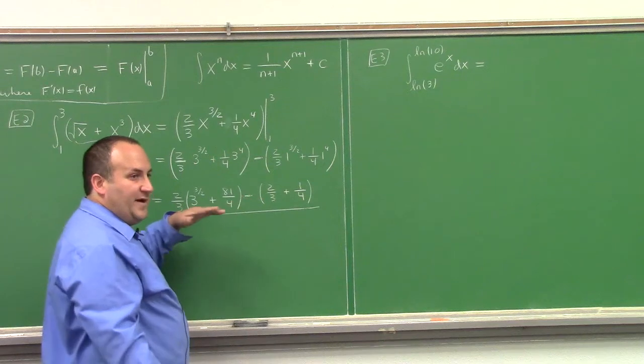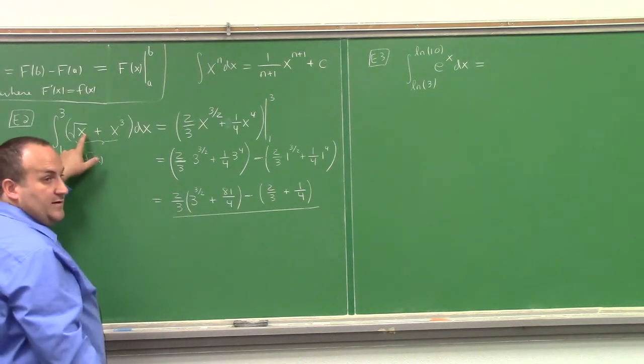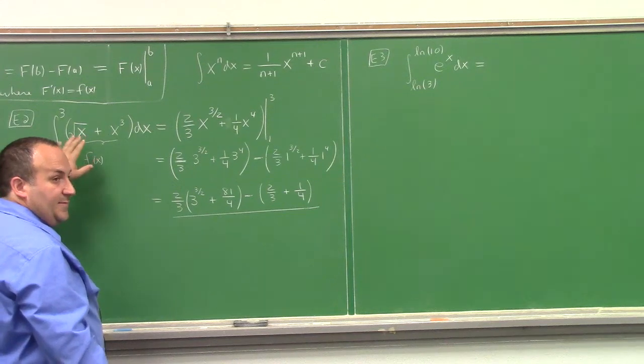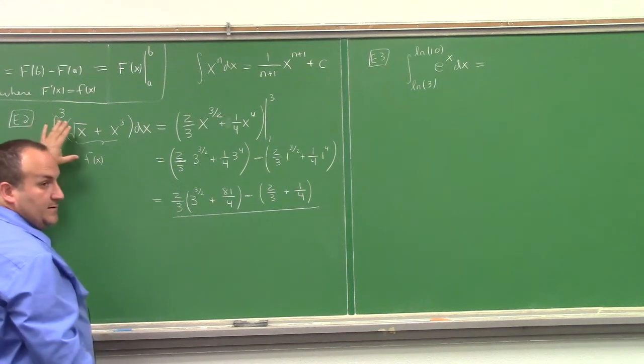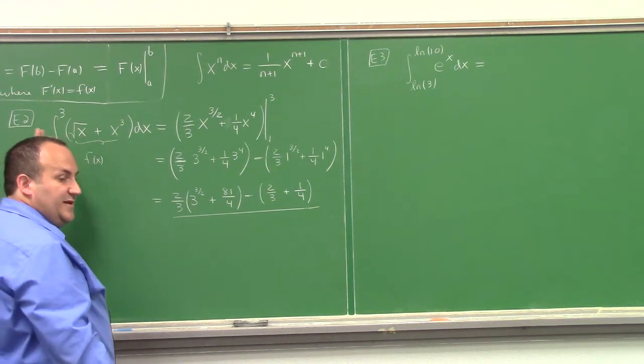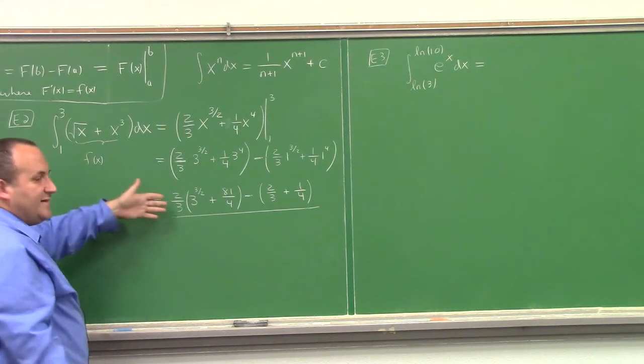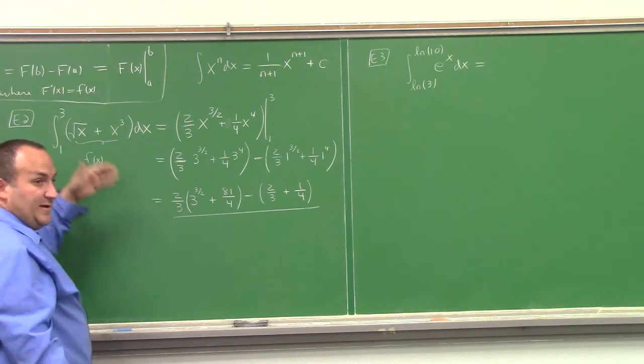This is definitely a positive expression. And that makes sense because the integrand here is a positive function from 1 to 3, right? One of the properties of definite integrals we had was that f of x greater than 0 means the integral of f of x is greater than 0. So we should expect that this is positive because we're integrating something positive.